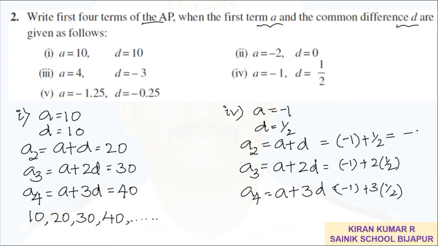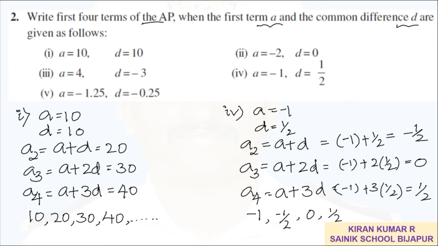It is -half. This will become 0. This will become positive half. So the sequence is like -1, minus half, 0, 1/2.